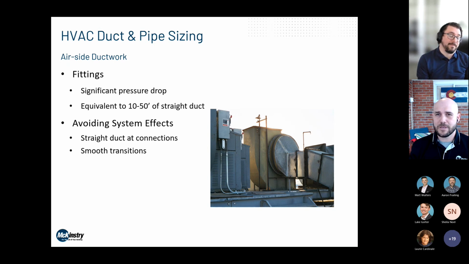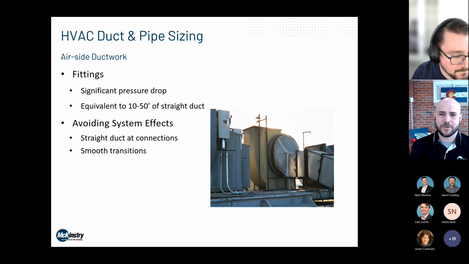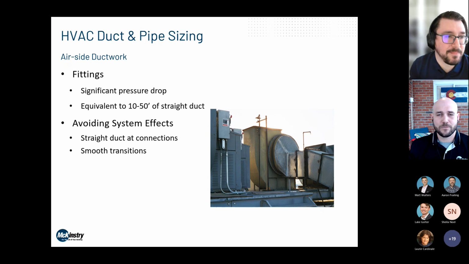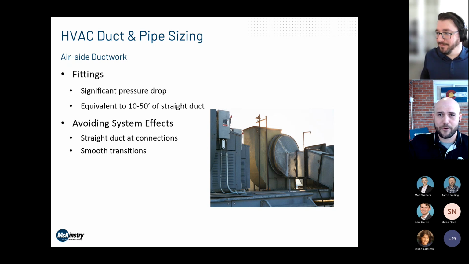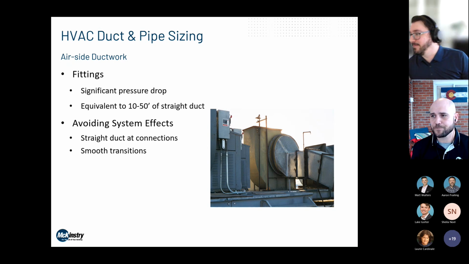And so there's this thing called system effects, which is really just a catch-all term for duct design, particularly at the inlets and outlets of air handlers or fans, and they induce extra pressure drop, and that extra pressure drop is a bigger pressure requirement on the fan to get the correct amount of air where it needs to go, and that means more power.